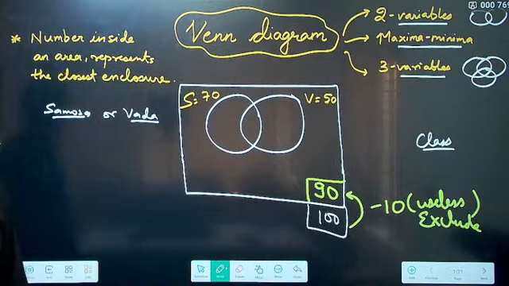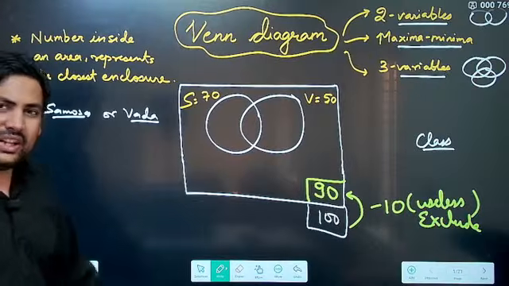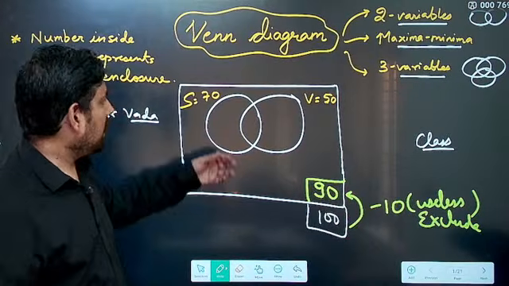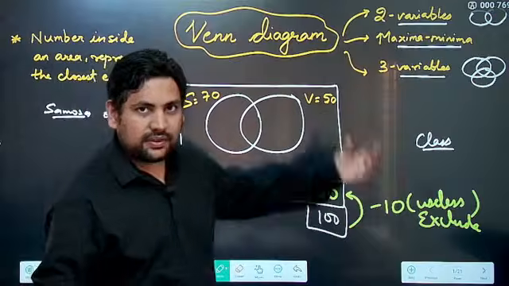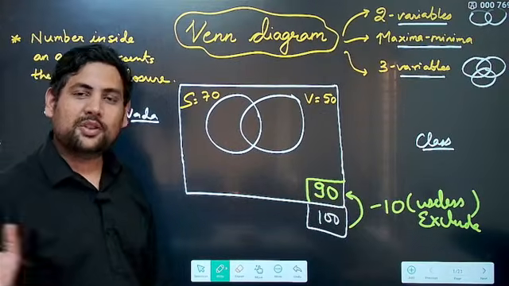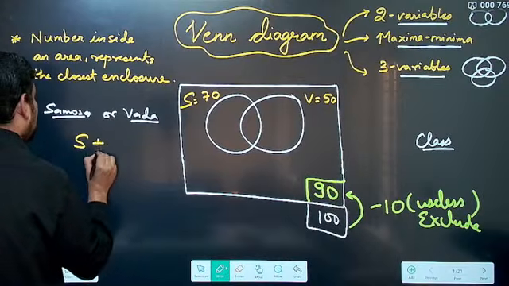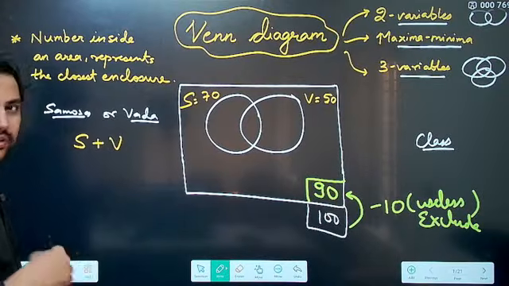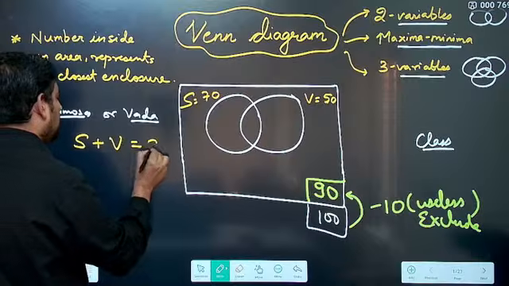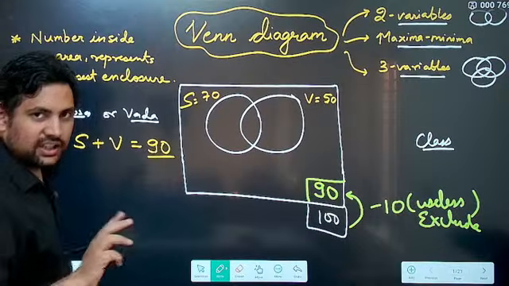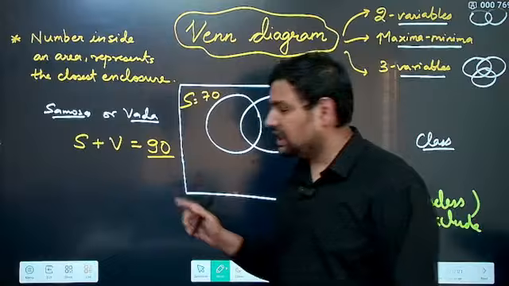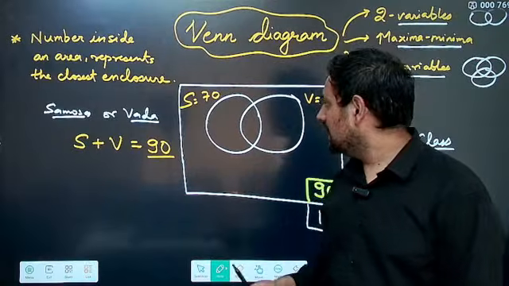What does this mean? You do understand this intuitively also, that 70 plus 50. Now, in an ideal scenario, if all the students in the class were obedient, then the number of people who had samosa and the number of people who had vada should have been equal to the total number of students, that is 90. Correct? It should have been the case, but that is not the case. Why?